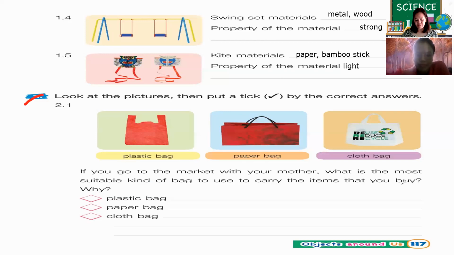What do you need to bring? Is it plastic bag, paper bag, or cloth bag? We will give you 1 minute. Answer it now. Put a tick in the box and then write your reason. Why do you think it is the most suitable kind of bag to carry?